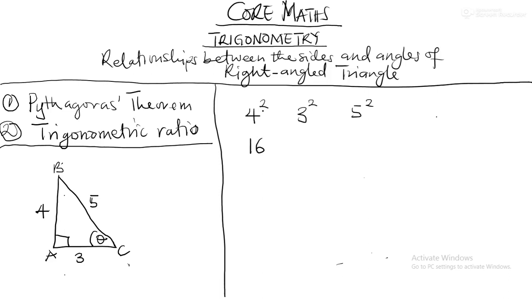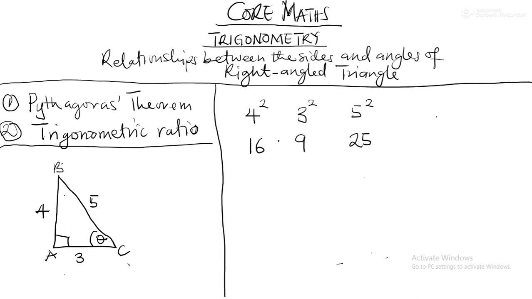Most students get confused: 4 squared is not 4 times 2. 4 squared is 4 times 4. So you don't say 8; 8 is wrong. 3 squared is 3 times 3, so the answer is 9. And 5 squared is 5 times 5, so it is 25.